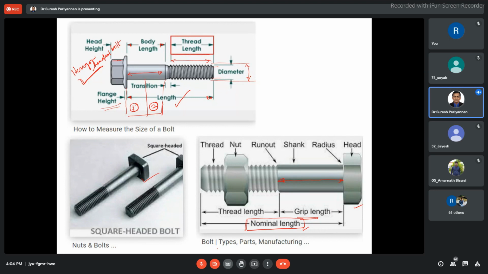The spanner length will always be more than the radius of the thread. Only then are we able to access the nut easily and apply more force to the bolt or nut for tightening the component. Hence, the mechanical advantage is more when using a longer spanner.